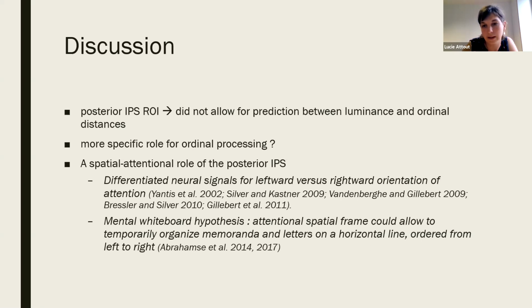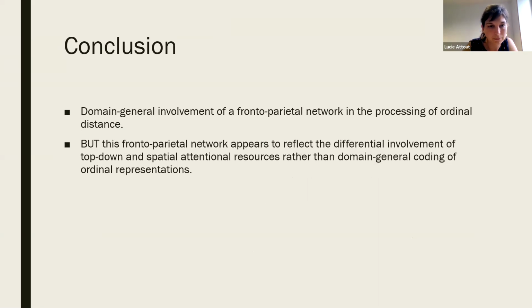And this also fits with a recent assumption, the mental whiteboard hypothesis, suggesting that an attentional spatial frame could allow us to temporarily organize memoranda and letters on a horizontal line, ordered from left to right in our culture.